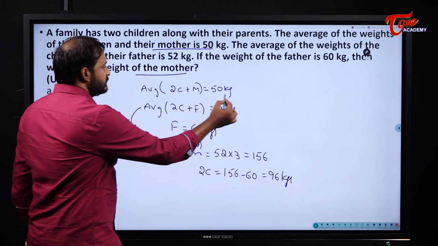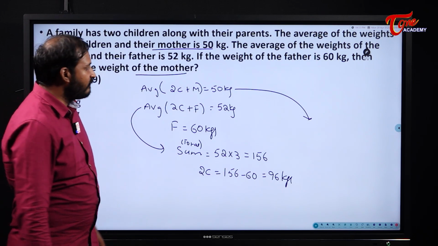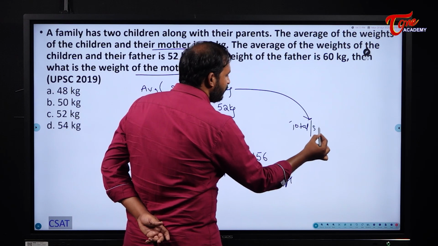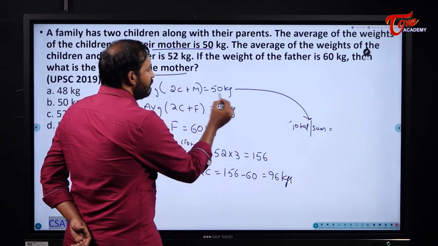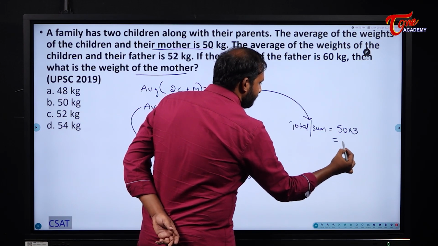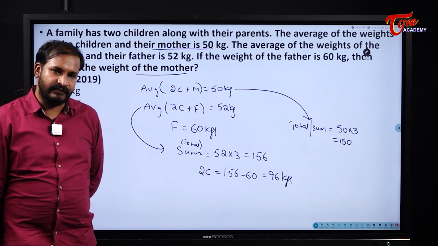Now from this, average of two children and mother, what is the total or sum? Total weight is equal to 50 into 3, that is 150. Two children and mother's weight is 150.